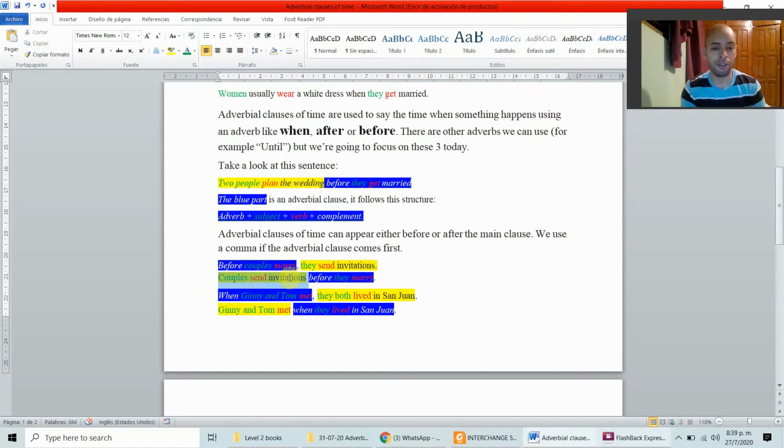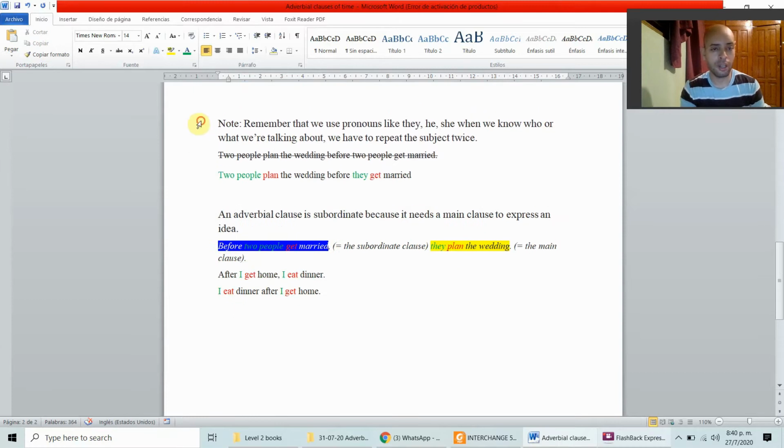Couples send invitations before they marry. When Jeannie and Tom met, they both lived in San Juan. Jeannie and Tom met when they lived in San Juan. Here the adverb clause of time is first and here is second. Notice the comma here after the adverbial clause.